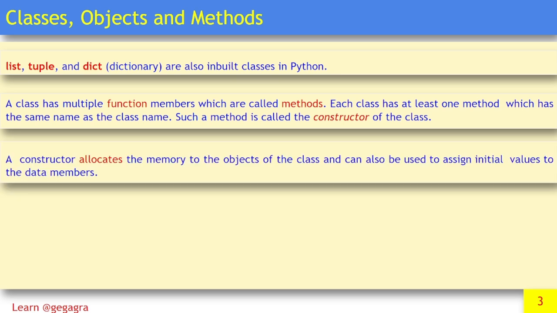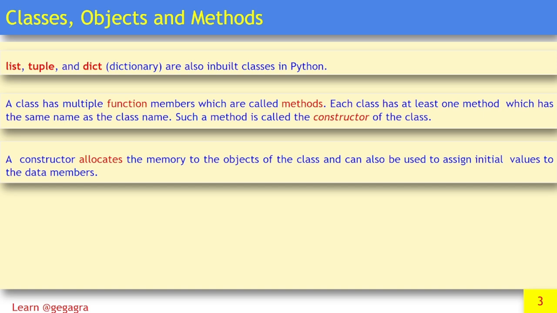A constructor allocates the memory. What does a constructor do? It allocates memory to the objects of the class and can also be used to assign initial values, because the aim of the constructor is to initialize the data members with initial values. Suppose I declare a variable like age in the class.